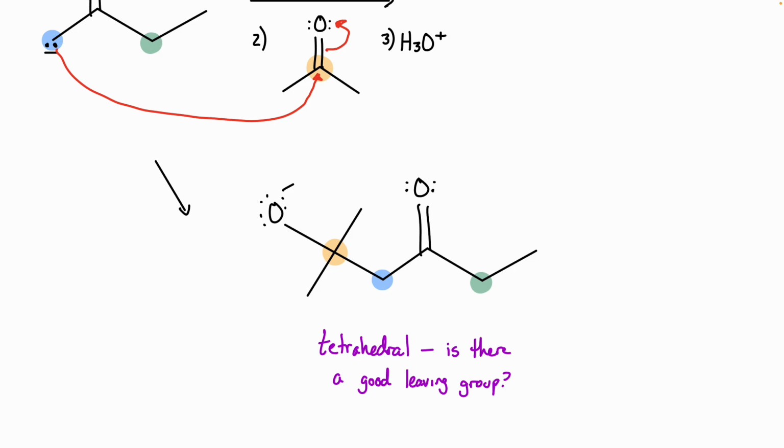Because this pair of electrons would love to be able to come back down and reform that carbonyl, but it can only do so if it kicks off a leaving group. Does this molecule have any good leaving groups attached to that tetrahedral carbon? No. So it's stuck.